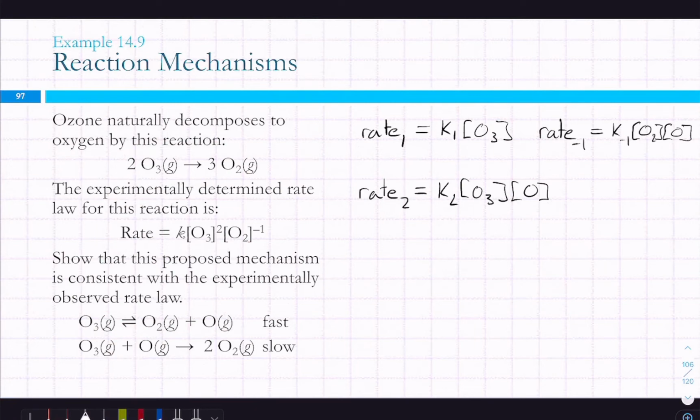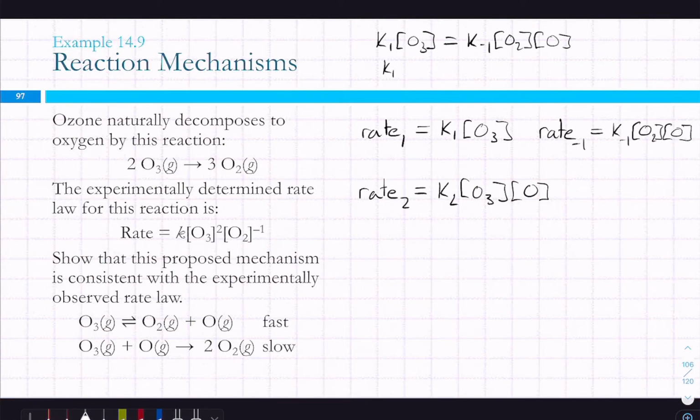So that'll be K1 times ozone equals K -1 times molecular oxygen and atomic oxygen. And then rearrange so that it's equal to the concentration of atomic oxygen.